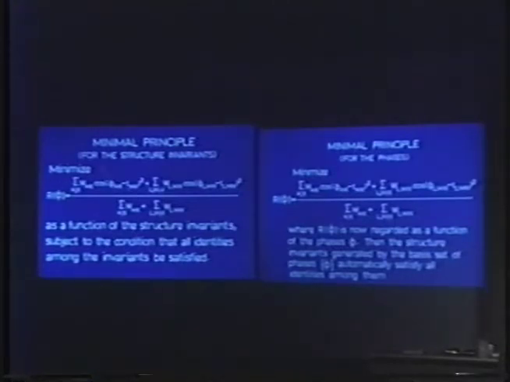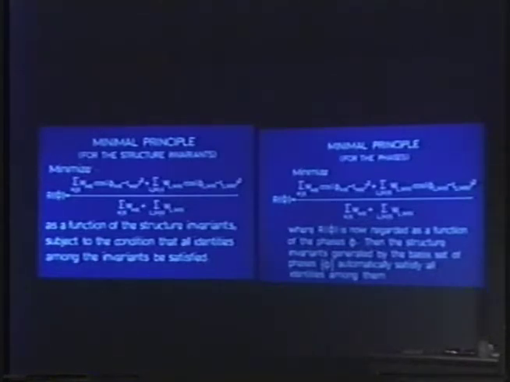Well, what the minimal principle is now saying is that we want to choose for the values of the structure invariants those values which minimize the difference between the true value of the cosine of the invariant and the expected value, subject to the condition that all identities which must of necessity hold among the structure invariants do in fact hold.